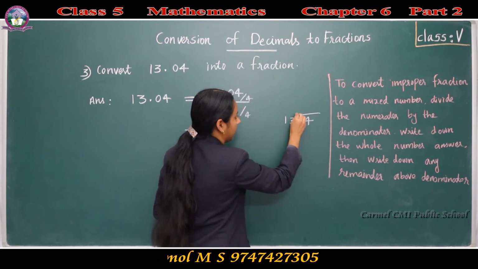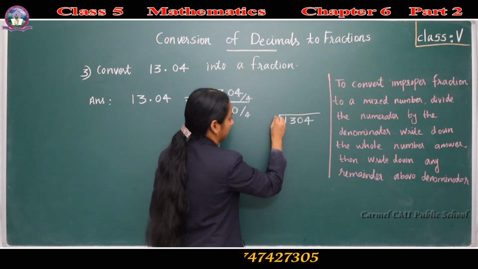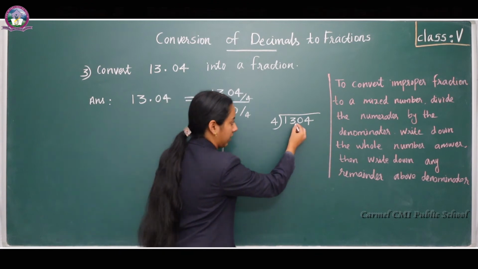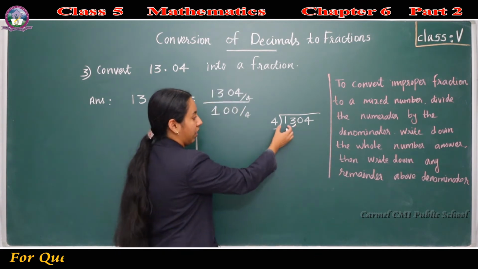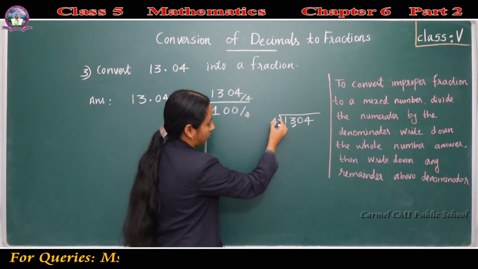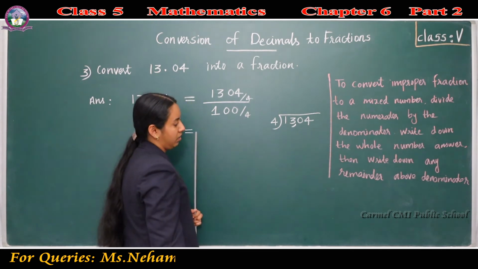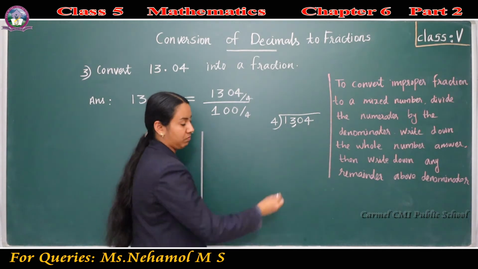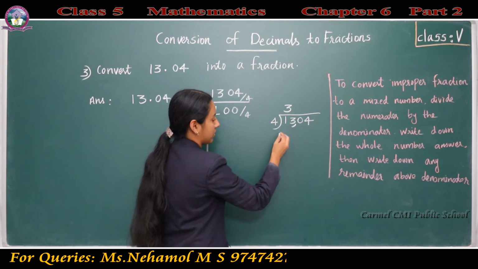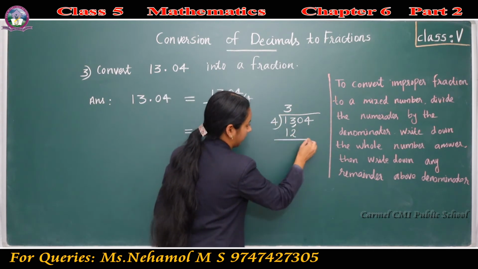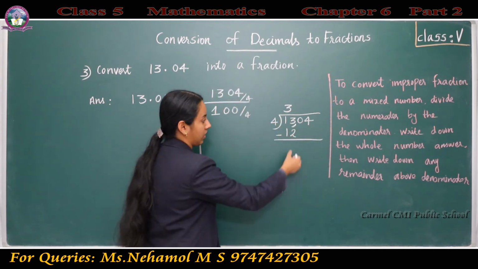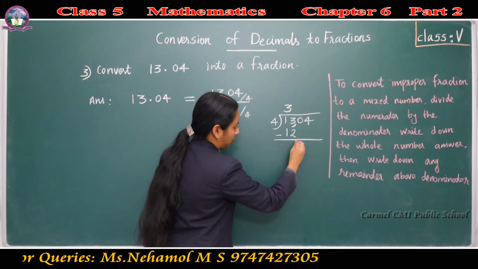1304 divided by 4. Take 13. How many 4s are there in 13? 3 fours are 12. Then subtraction: 13 minus 12 is 1.